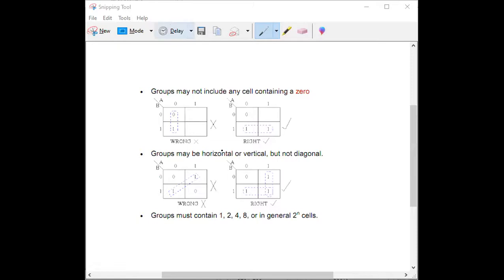Then groups may be horizontal or vertical, but not diagonal. You can't have diagonal as the first one; it's wrong, either vertically or horizontally. Then groups may contain 1, 2, 4, 8, or in general 2 to the power n cells. You can't have 3, 6 like that. It should be 2 to the power n when you are grouping.